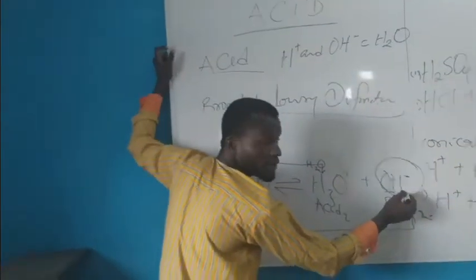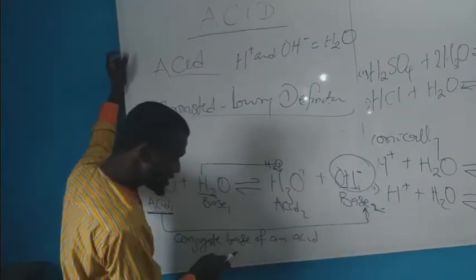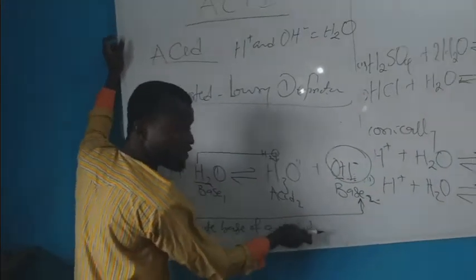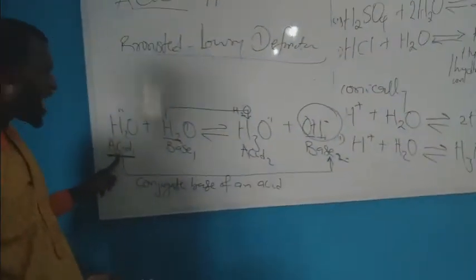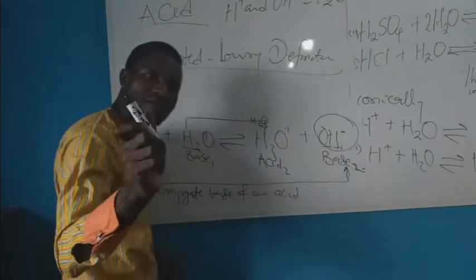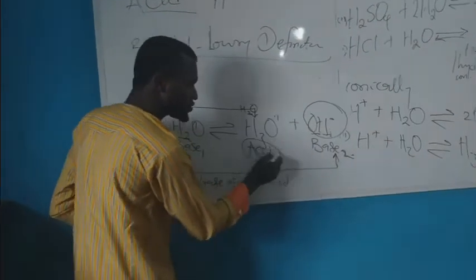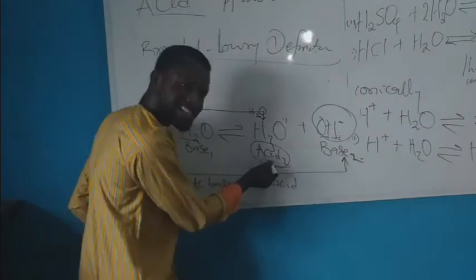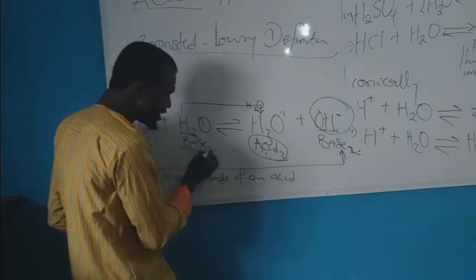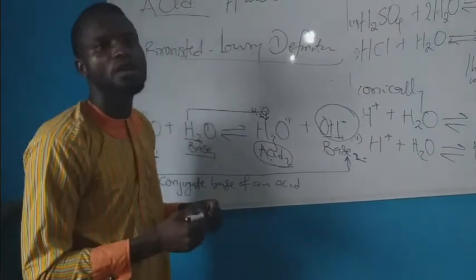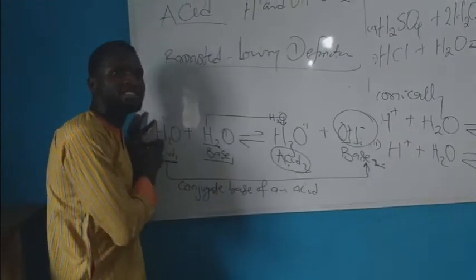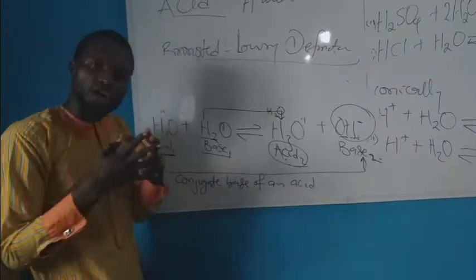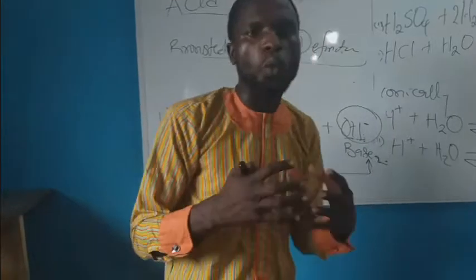Hydroxide ion, that is the base 2, we report as the conjugate base of an acid. So hydroxide ion is a conjugate base of the acid water, whereas hydronium ion is a conjugate acid of the base water.